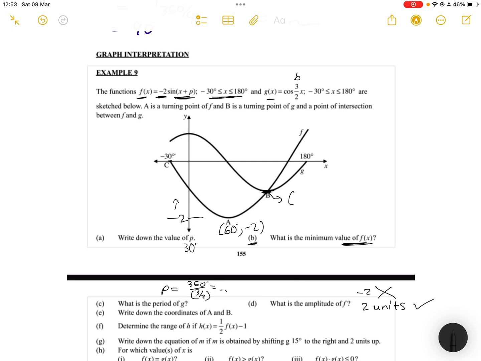So we know that the y coordinate is -1, but we do not have the x. So you can just do it. Just say cos 3/2x, and then here put -1, and then just solve for that. So how you're gonna solve is you're gonna say shift cos, and then 3/2x, and then you're just gonna divide the answer that you're gonna get here by 3/2.